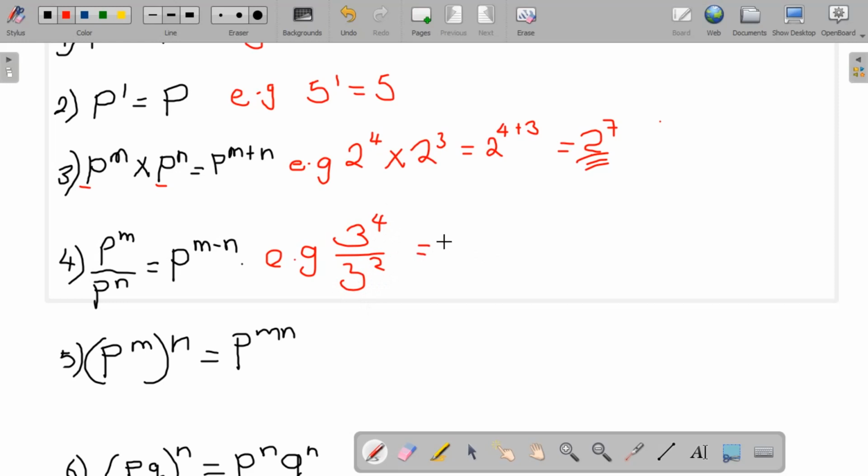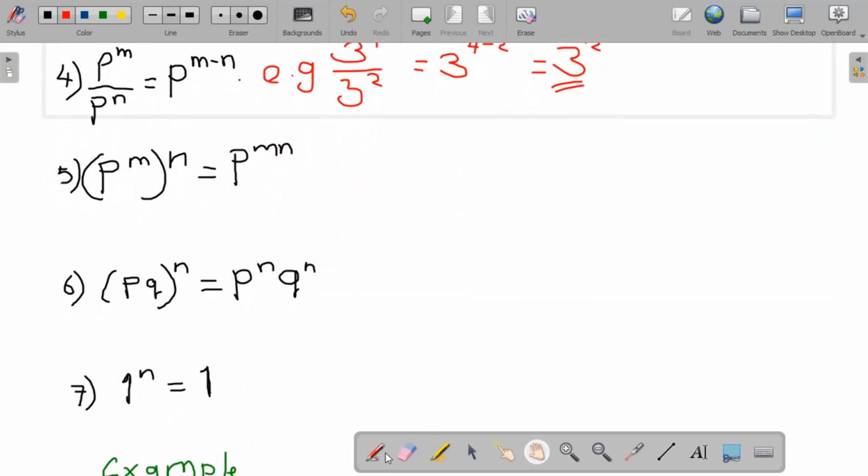You subtract the powers. So we say 3 to the power 4 minus 2, sorry, it's a 2 there. So 4 take away 2 will give us 3 to the power 2. That is another rule. Okay, we move on.